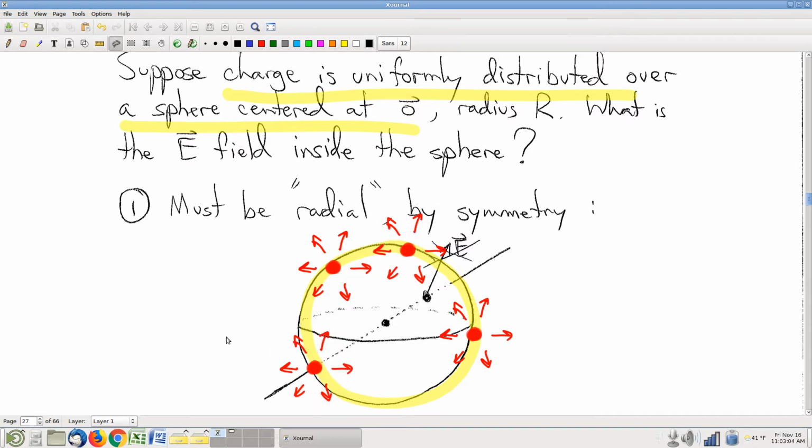right? There's infinitely many infinitely small charged particles, each of which is creating its own little electric field, and they're in different places. So it's not like they all sort of are exactly the same and on top of each other. They're pointing in different directions. So for example, at this point right there, well, this particle is making the electric field that way, but this particle is making an electric field that way.